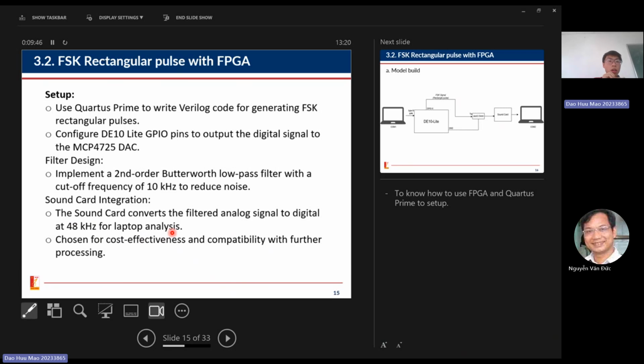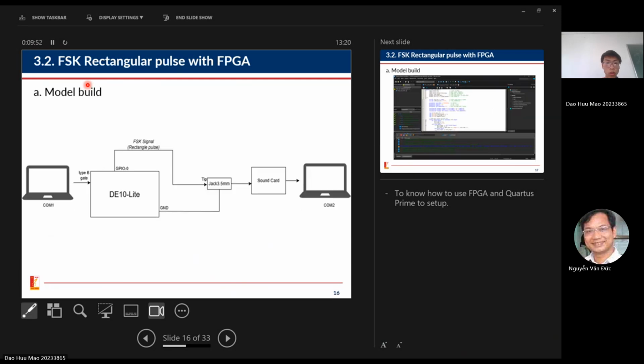So we have FSK rectangular pulses with FPGA. We propose a model like that, with 10 lights and symbol FPGA on board. Use COM1 with the FPGA to generate code from COM1.